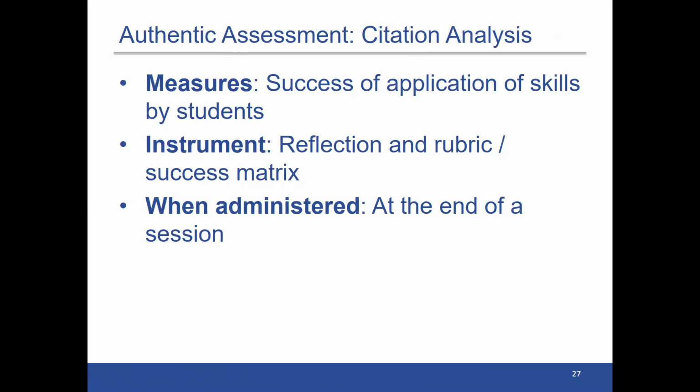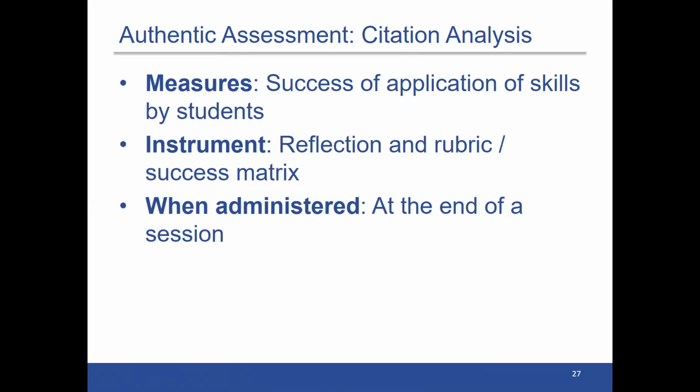Okay. And then we also do citation analysis. This one, okay, now I get to step back just a little bit from what I just said. This one is actually more every other year or every third year, and it's primarily a measure of the success of application skills by the students.